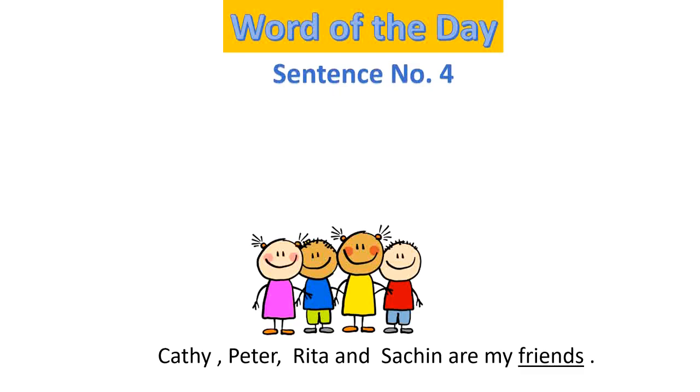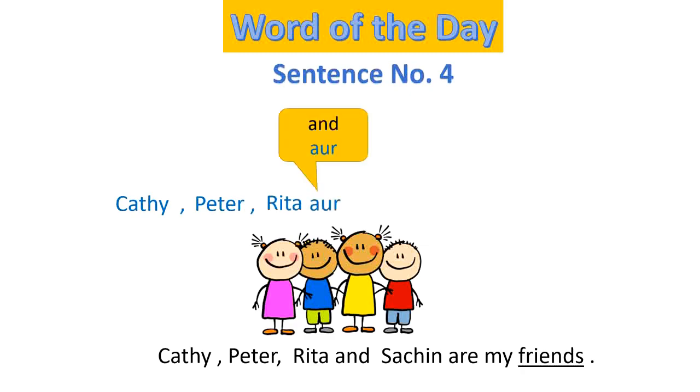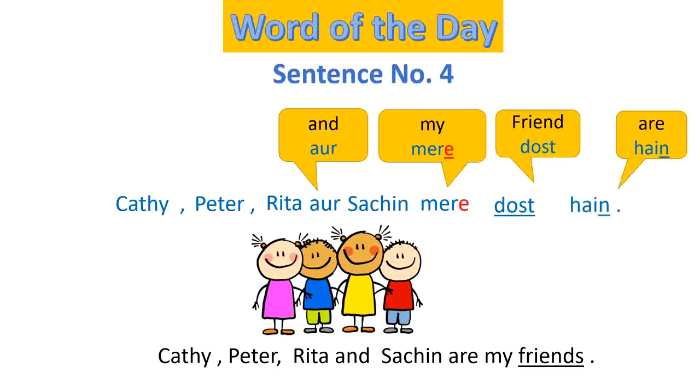So my friends will be मेरे दोस्त. Complete sentence will be Kathy, Peter, Rita और सचिन मेरे दोस्त हैं. Speak with me. Kathy, Peter, Rita और सचिन मेरे दोस्त हैं.